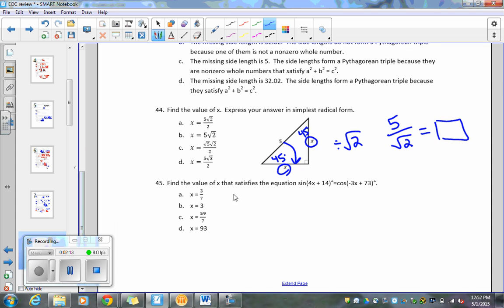Question 45. Find the value of x that satisfies the equation. Now this one right here, and this is just because of time, I would take x and plug it into both of these and see if it's right. So it would be sine of 4 times 3 over 7 plus 14.